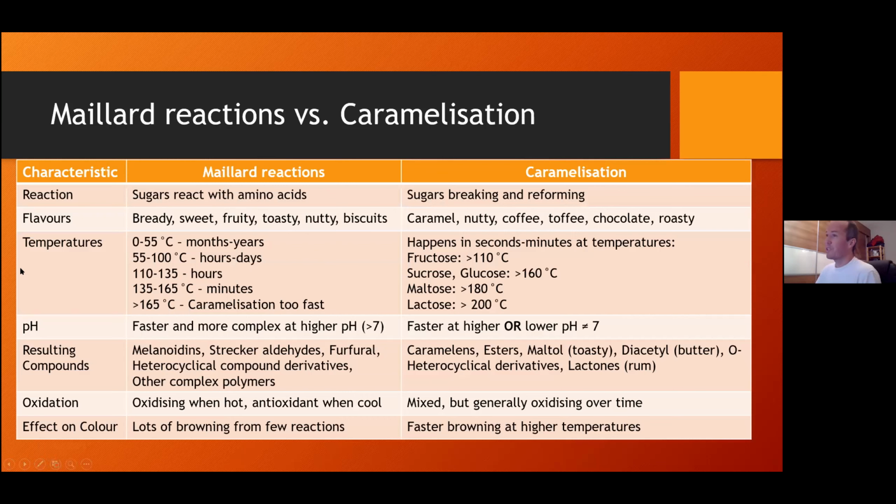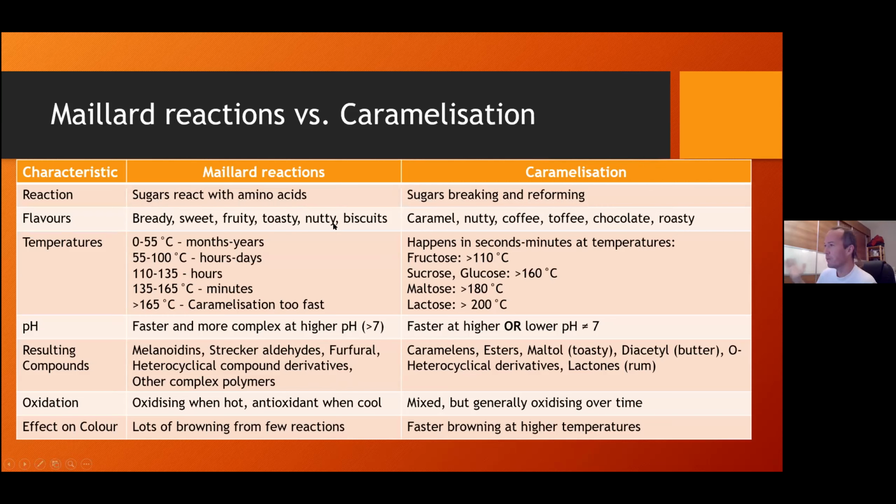So now if we come back to Maillard reactions, this is probably the part we want to know, is what is the difference in the reaction? So Maillard reaction is sugars reacting with amino acids, and caramelization is just sugars breaking apart and reforming.